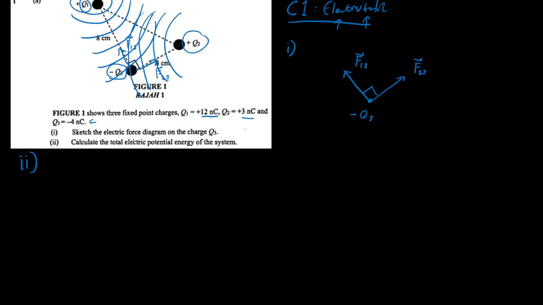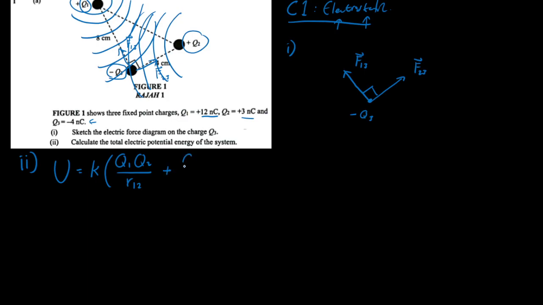For the total electric potential energy, we consider the whole system as a whole, so we'll consider the interactions of all the charges. The formula is U equals kQq over r. First, let's consider the interaction between Q1 and Q2, and their distance, which I'll write as r 1,2.